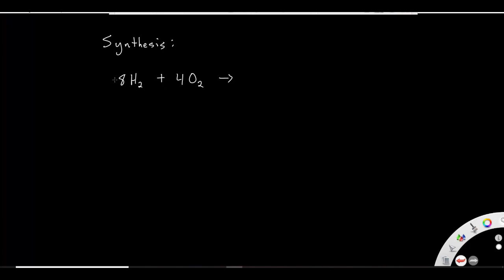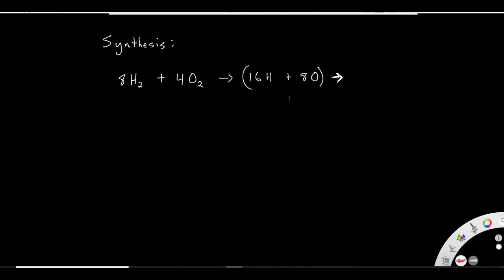So we have just enough here. We have twice as much hydrogen as we have oxygen here. So if we break this up, we have 16 individual hydrogen atoms, and we have 8 individual oxygen atoms. I'm going to put this in parentheses because you don't actually ever include this in your process on paper. You just think it through.